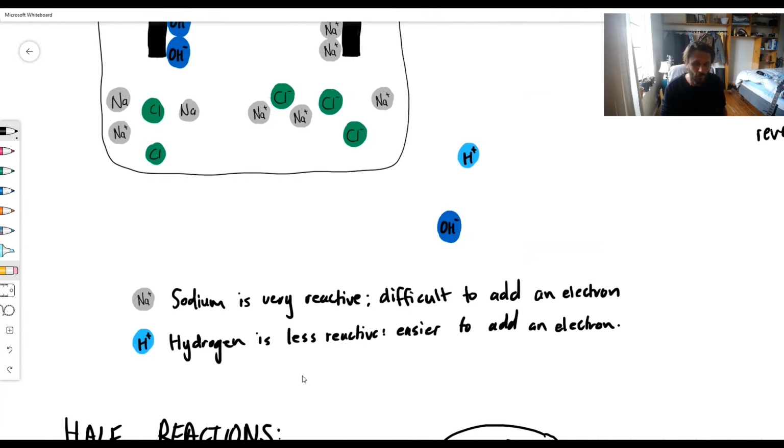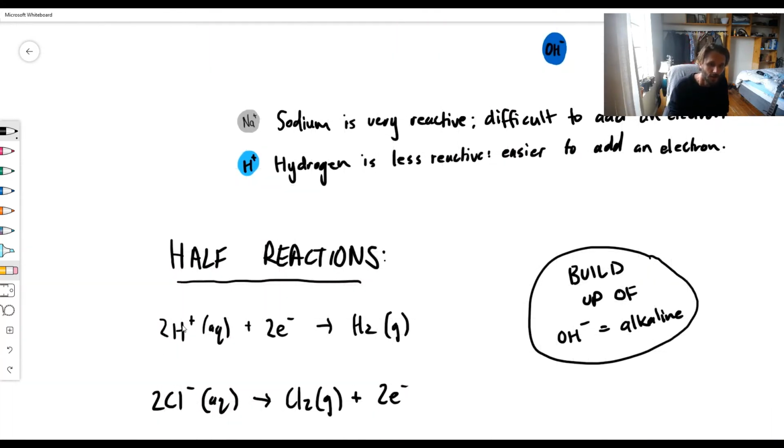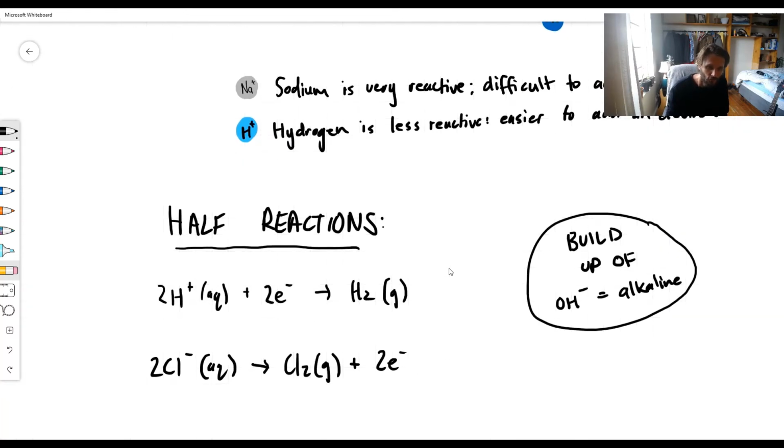Okay, so the half reactions, what's happening? We've got two hydrogen ions that are gaining two electrons to form hydrogen gas. Remember, this is happening at the cathode and this is at the anode. Two chlorine ions lose two electrons, they form chlorine gas.